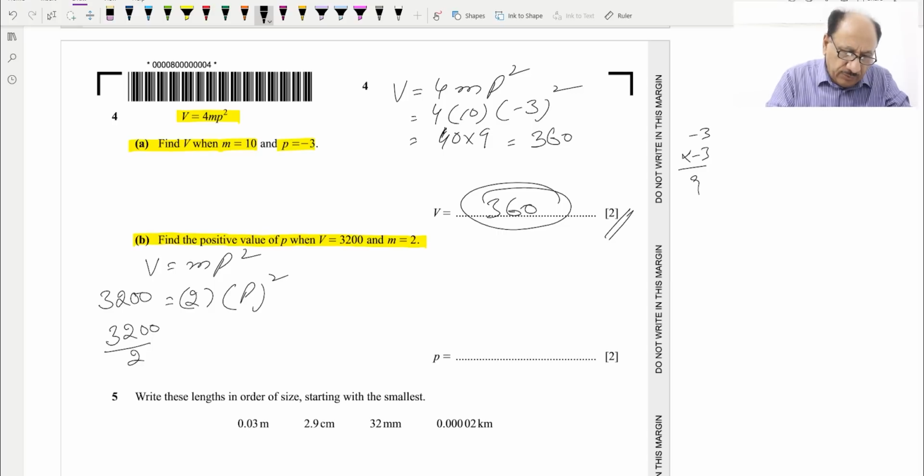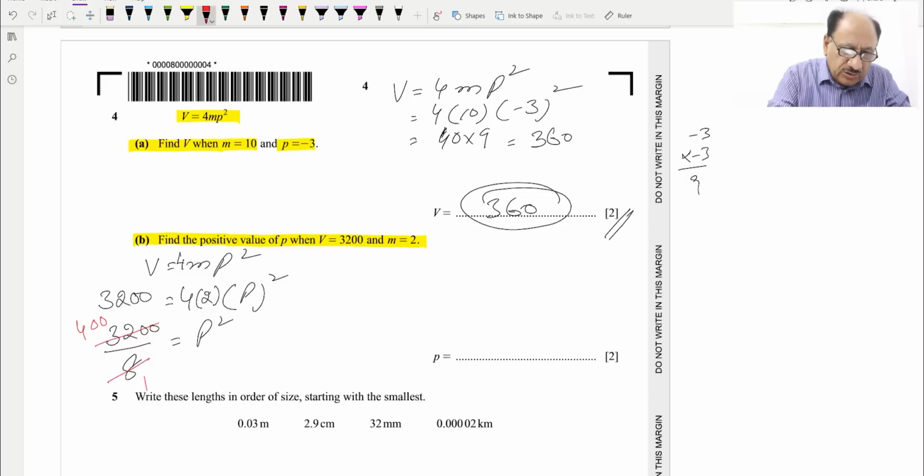Basically 4mp squared. This is 4 here, which we missed, and we can rewrite this portion: 4 into 2, so it will be 8, and we can write 3200 divided by 8 is equal to p squared. After cancellation, 8 ones are 8, 8 fours are 32, and then 0 0, so 400.